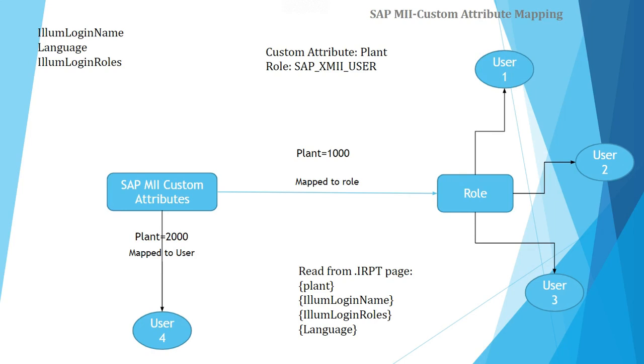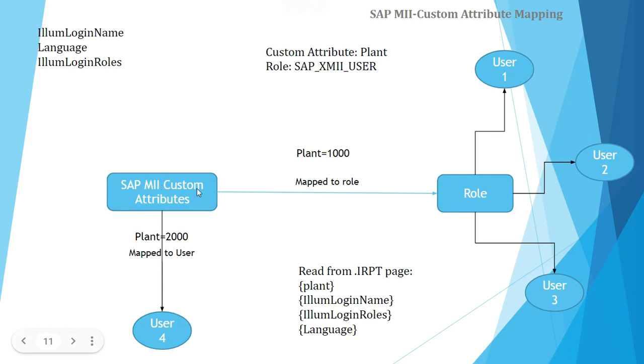In that case, you have to create plant as a custom attribute, and then that custom attribute needs to be mapped to a user, or it can be mapped to a role. So what is mapping a custom attribute to a user and a custom attribute to a role?